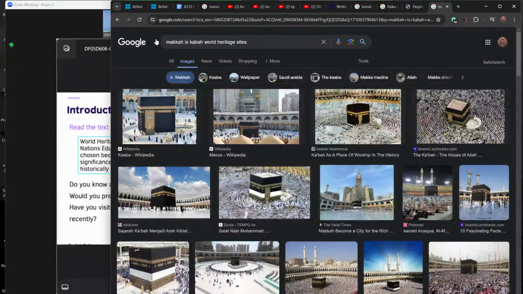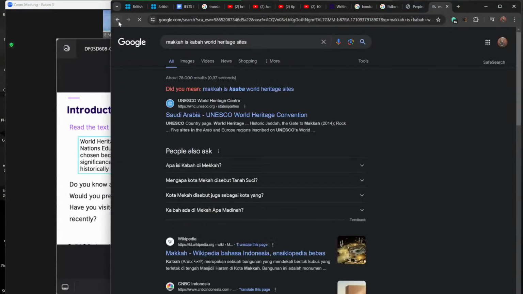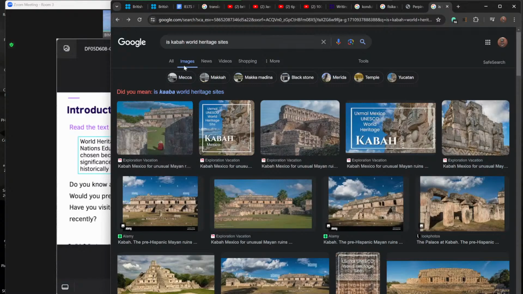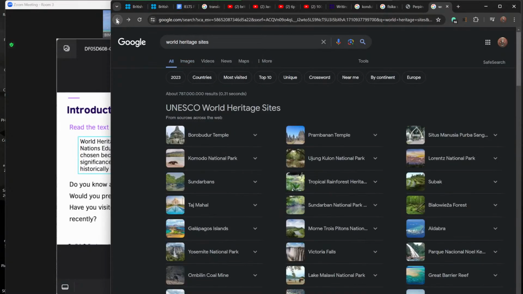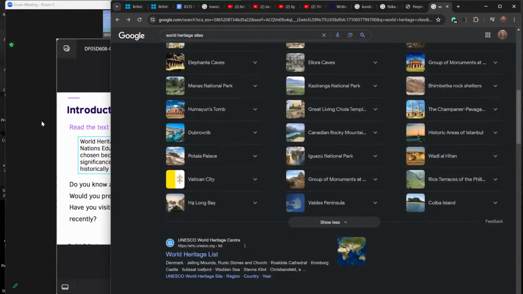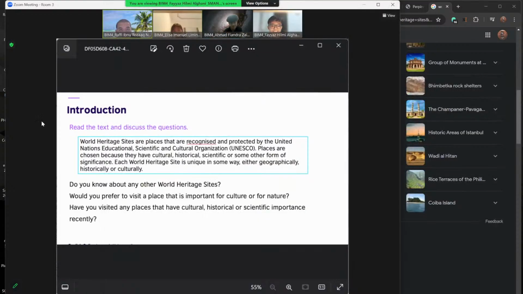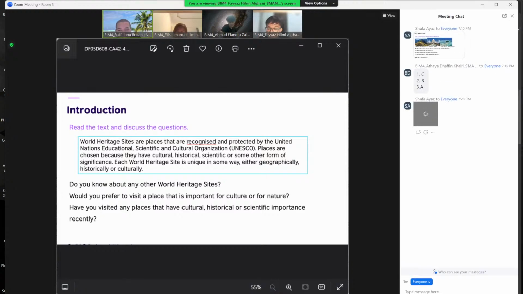We will move to the next page. Would you prefer to visit a place that is important for culture or nature? I think I prefer to visit it for nature because I can learn about nature there and what the impact would be on our daily life if we don't have this place or site.